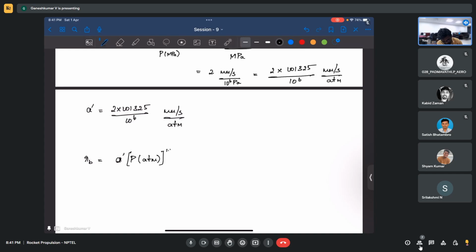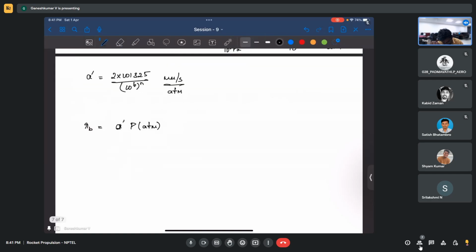And n turns out to be 1, that's why this n also goes away. Okay, so let's ignore this for a minute. And then now you want to substitute it: 101,325 by 10 power 6 into pressure in atmospheres, so it's going to be 70. Yeah, so 14.185 is the answer.